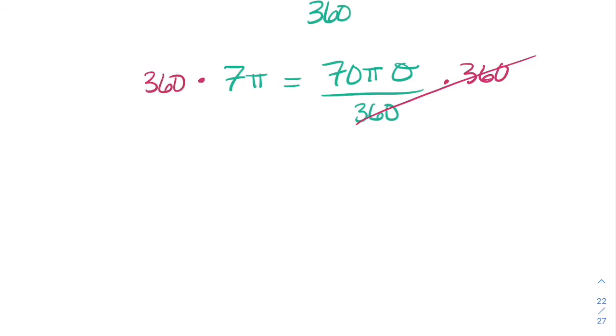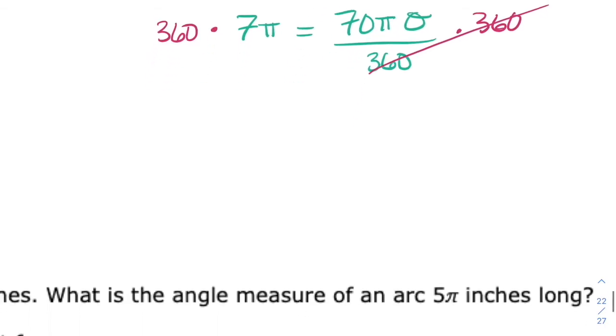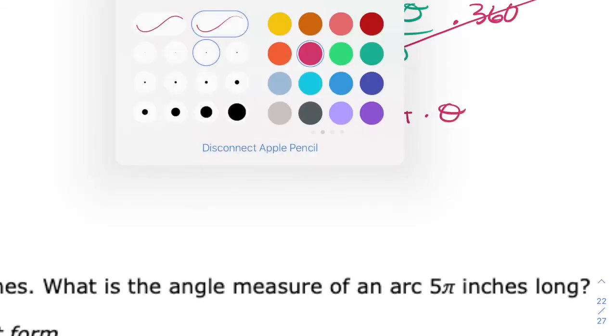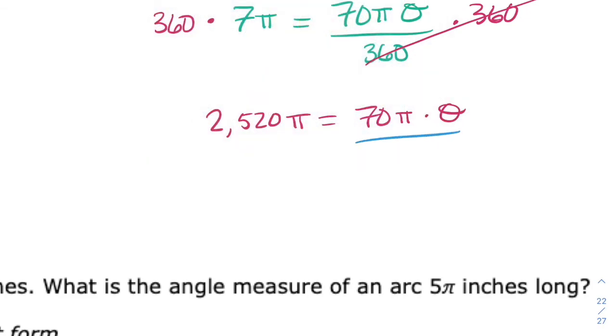So 360 times 7 is 2520. 2,520 pi is equal to 70 pi times theta. And the last step is to divide both sides by 70 pi. So that goes away, that goes away.